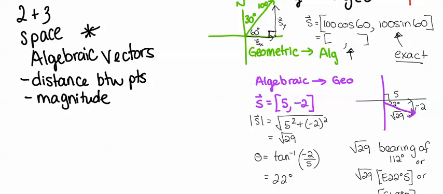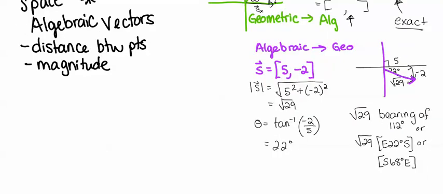And finally, you have to understand 2 and 3 space. Remember we talked about 2 space, where we just had an x and a y axis, and then all of a sudden we're adding in another dimension. We've got our x, y, and z axis now.